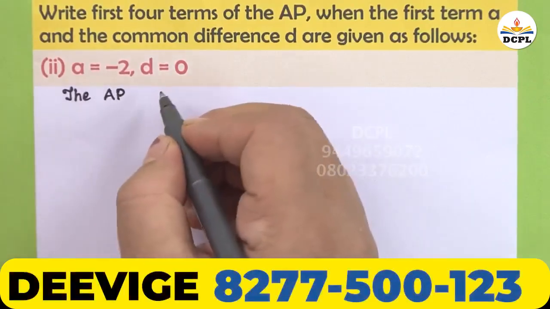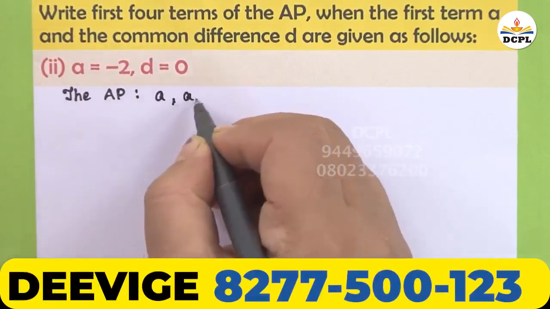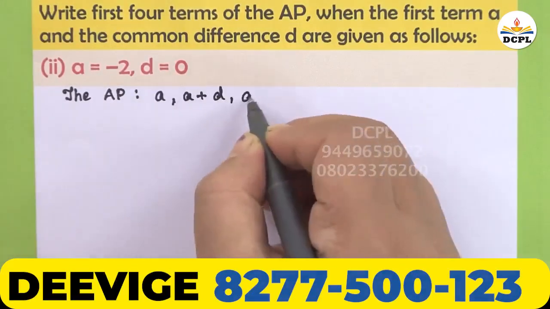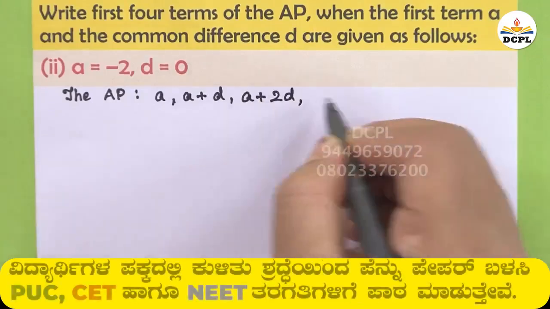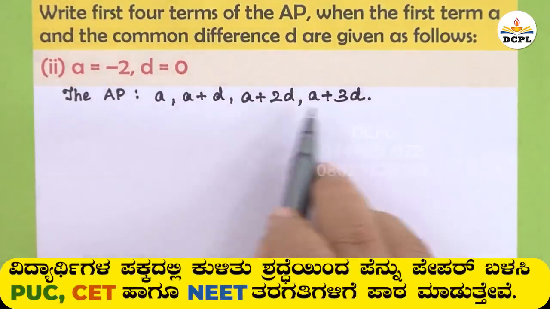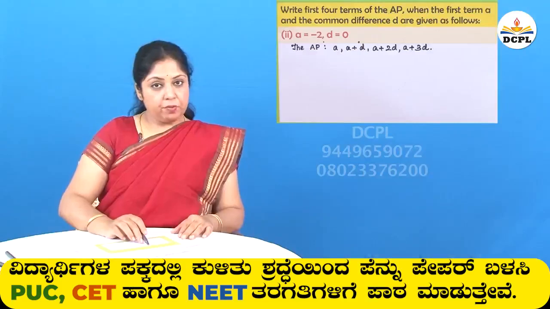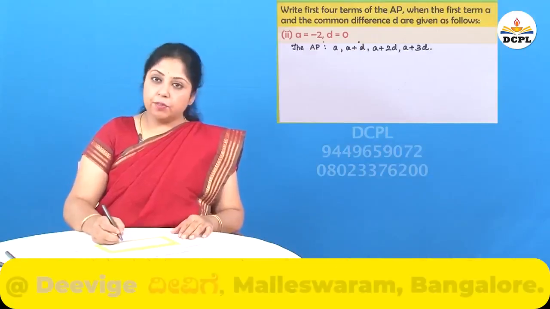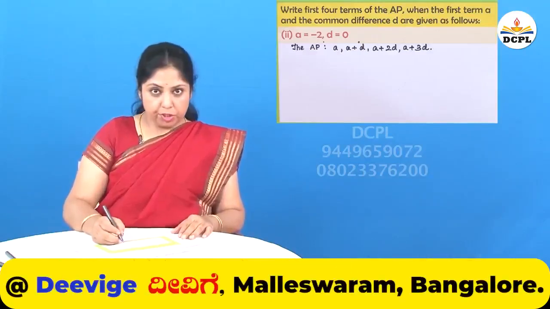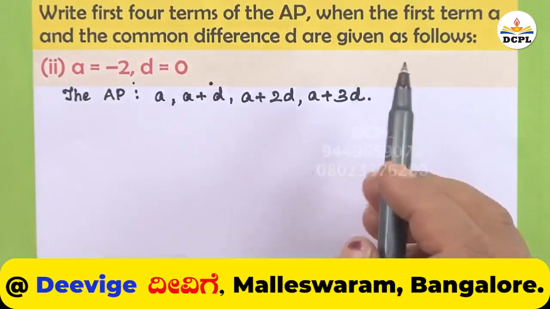The general form of the arithmetic progression is given by a, a plus d, a plus 2d and a plus 3d. These 4 terms will help us to find the first 4 terms of the arithmetic progression whose first term is -2 and d value is 0.